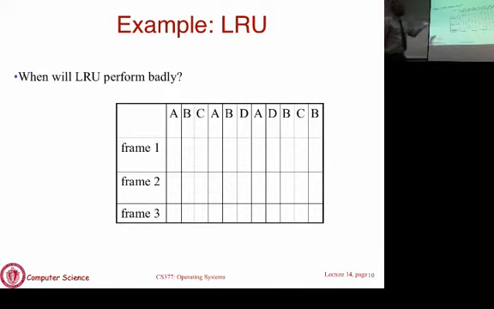Now I'm going to show you some bad cases for LRU. Here's a case where LRU is going to make a lot of mistakes. So A, B, C are page faults, same as before. Then B is not a page fault, A and B are not page faults, but D is again a page fault.